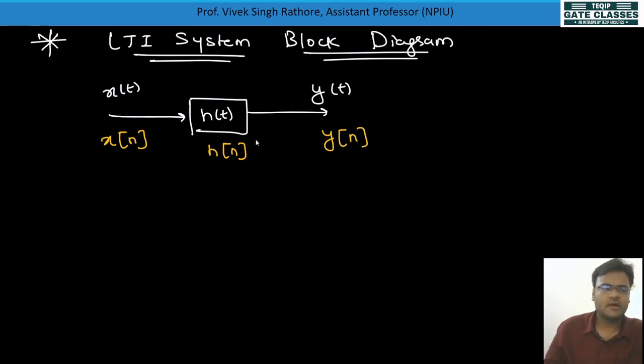This is in the discrete time domain. This system or impulse response can also be written in differential equation form. A mathematical equation which is physically realizable can be written close to the differential equation.